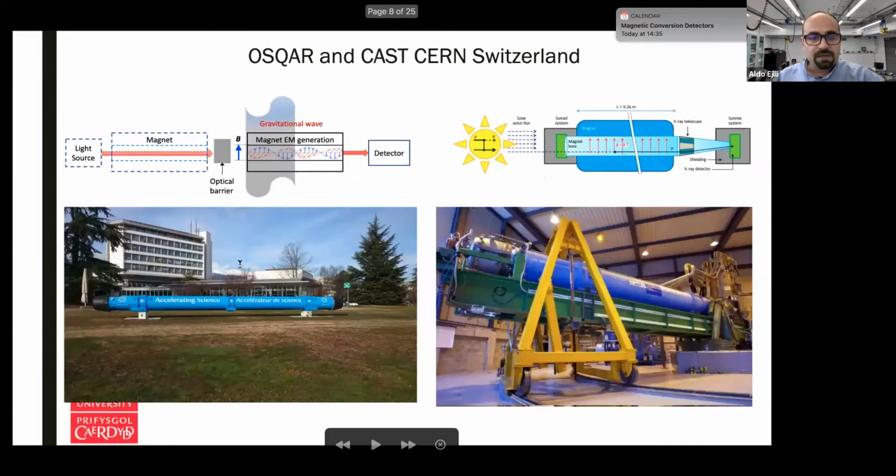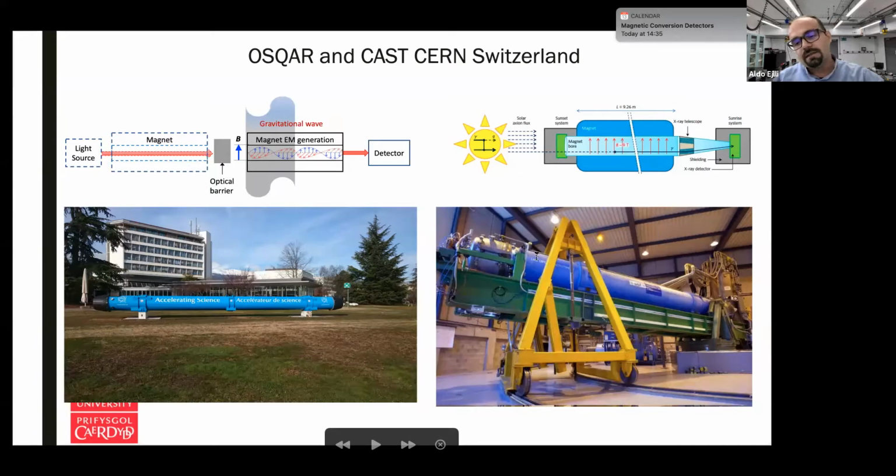Other experiments that we looked into was OSQAR, the same concept as ALPS. The difference here is that they used longer magnets, and these magnets were provided by CERN. The same concept.